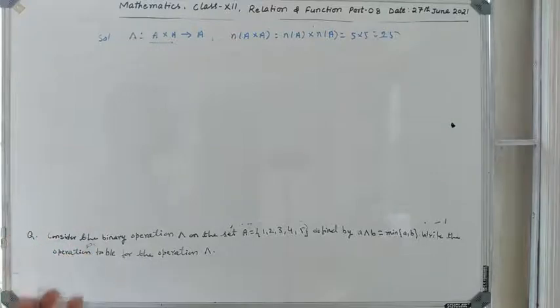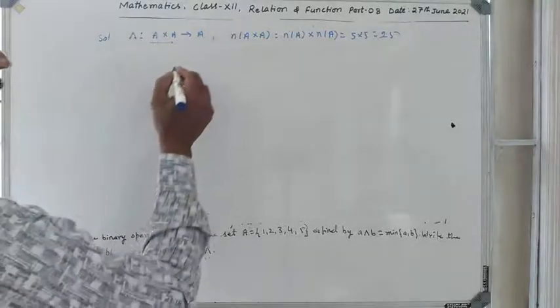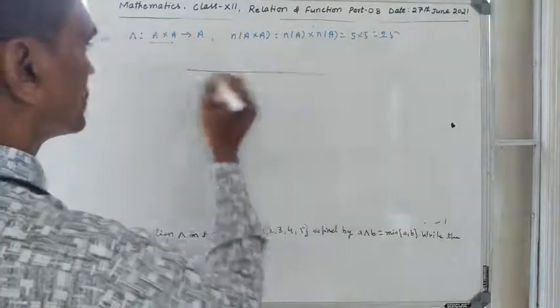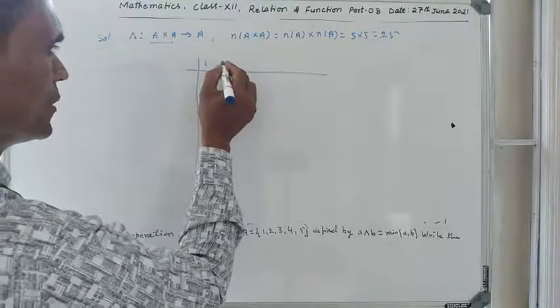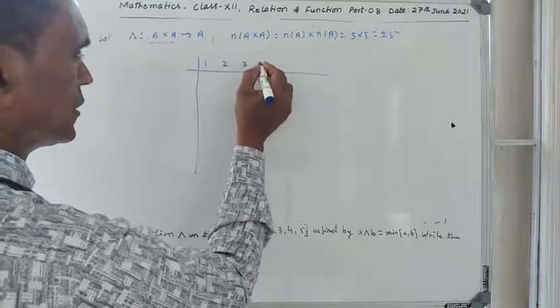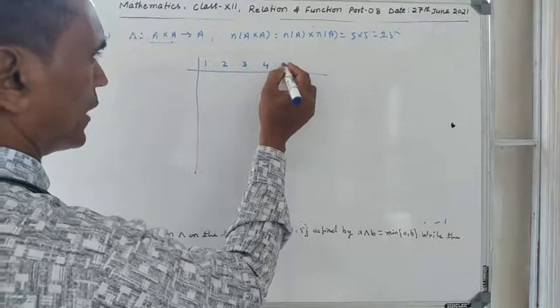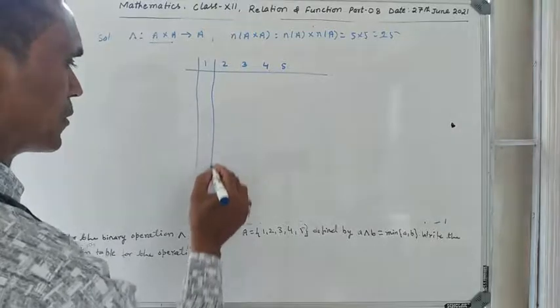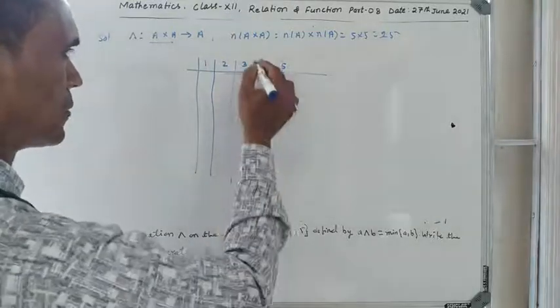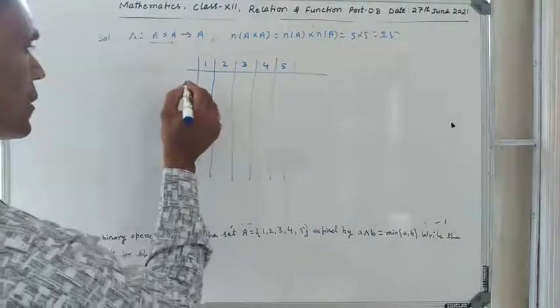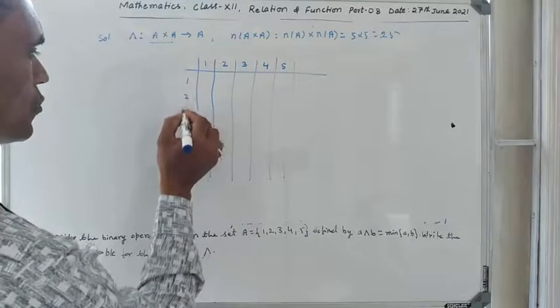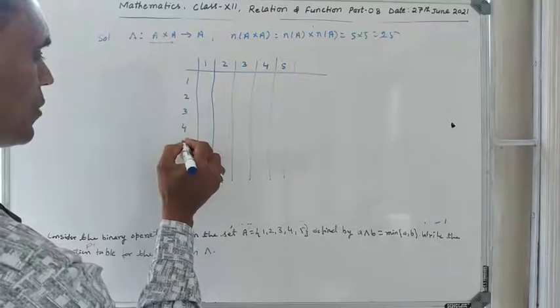So this is lengthy work, that's why we form an operation table. How do we form this operation table? Simply you write here 1, 2, 3, 4 and 5, and again 1, 2, 3, 4, 5.